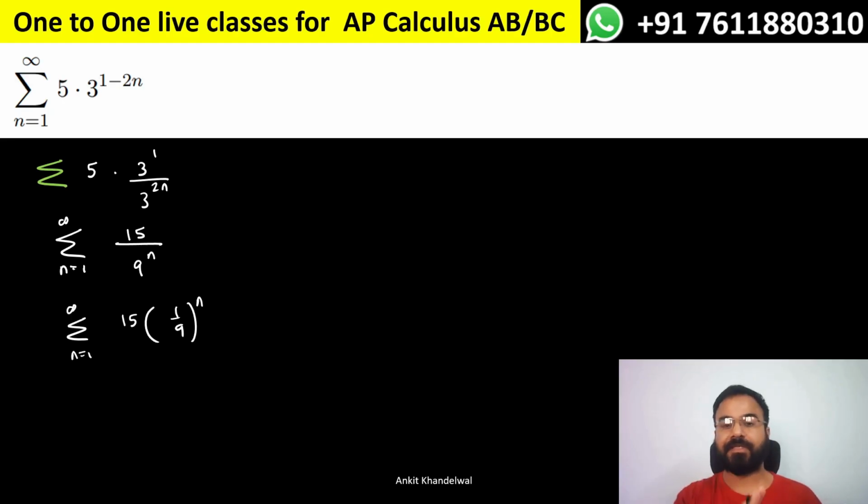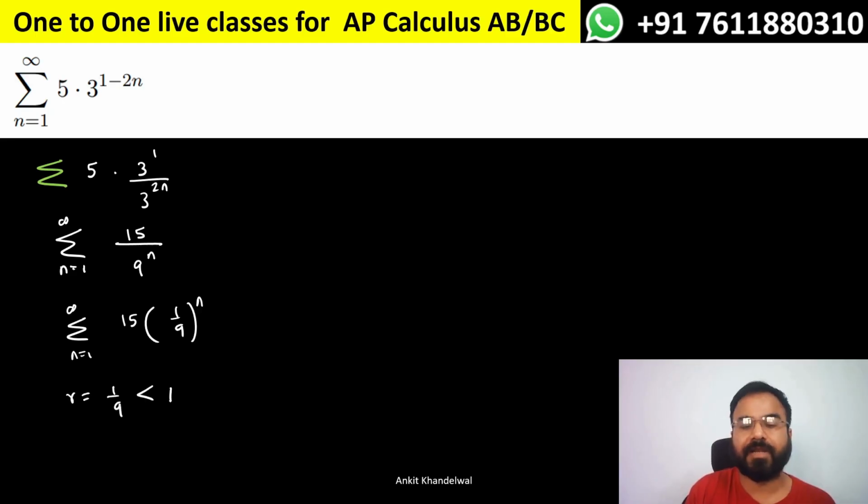Now it is in the standard format of the geometric series. What is the common ratio? 1 by 9. 1 by 9 is less than 1, so it converges, and since it converges we can find the sum also. The sum of the infinite terms we can find.